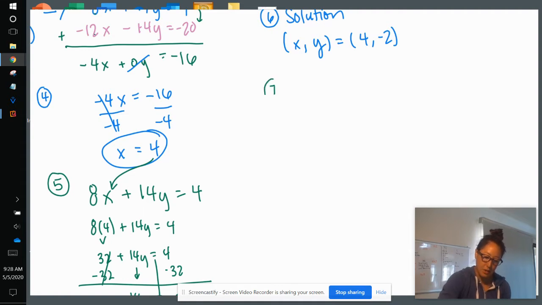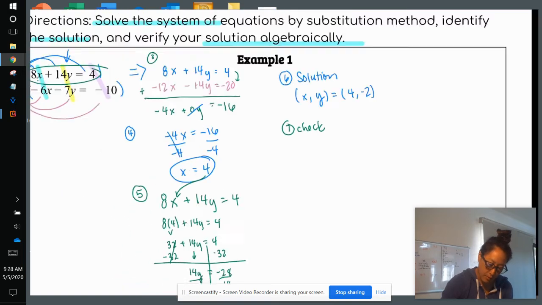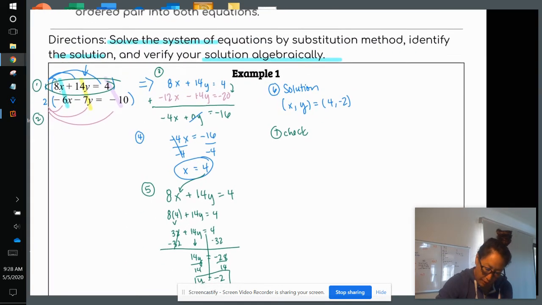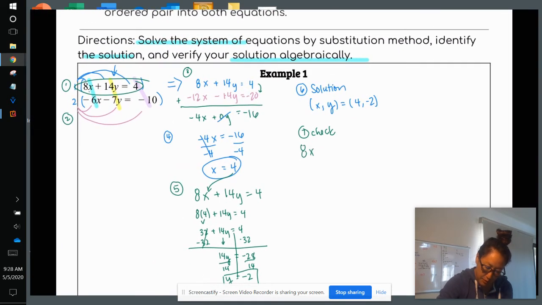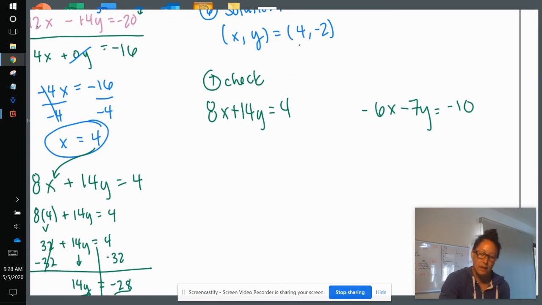Last part is to check. Okay, so from the original, I have 8x plus 14y is equal to 4, and -6x minus 7y is equal to -10. We are going to check the x as 4 and the y as -2. All right, here we go.